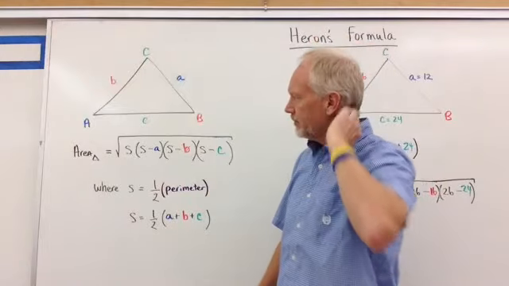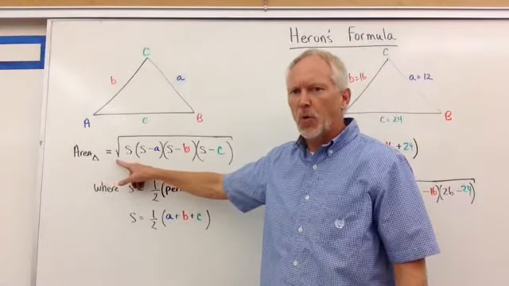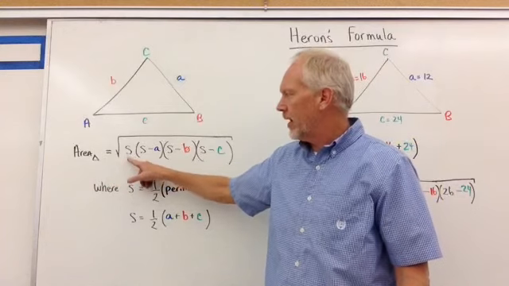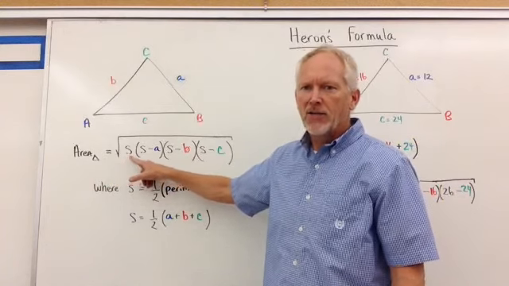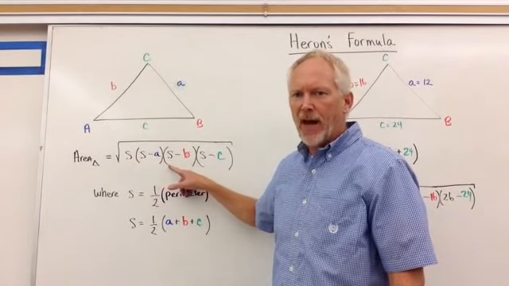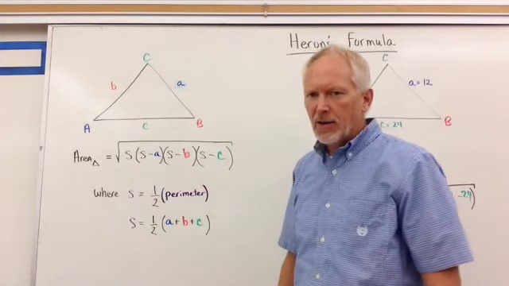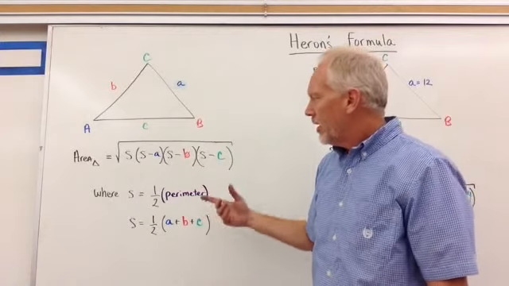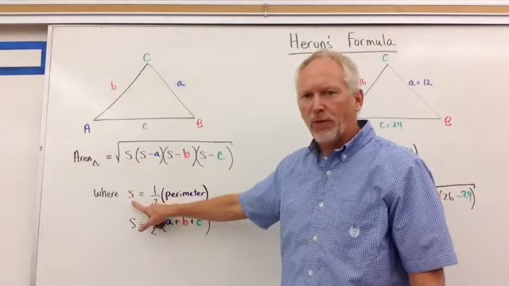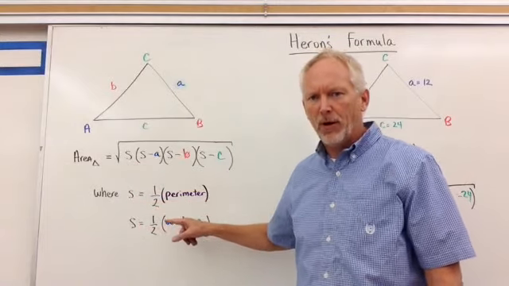So what we do is the area is equal to the square root of S, that's an S, not a 5, S times the quantity S minus A times the quantity S minus B times the quantity S minus C. In this case, S refers to half of the perimeter.